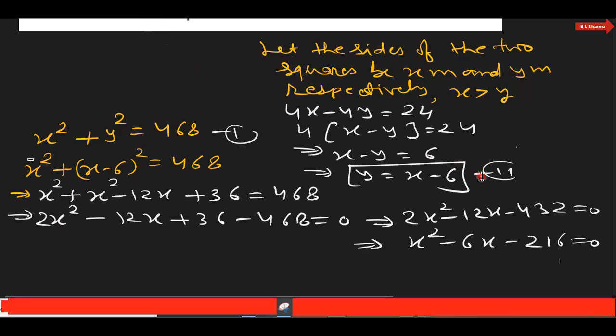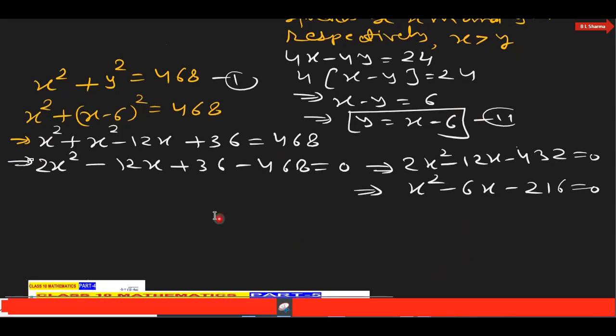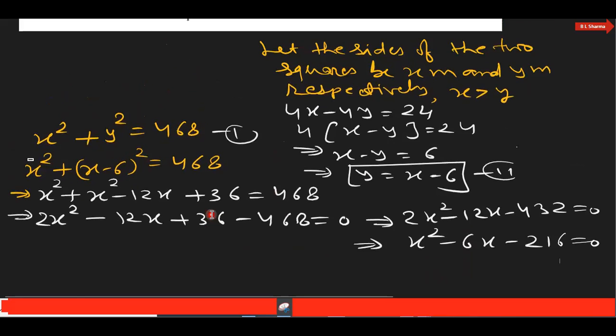Now we have to factorize it by splitting the middle term. The product of the two numbers should be 216 and difference should be 6. That is, we can say 18 and 12. So x square minus 18x plus 12x minus 216 is equal to 0.